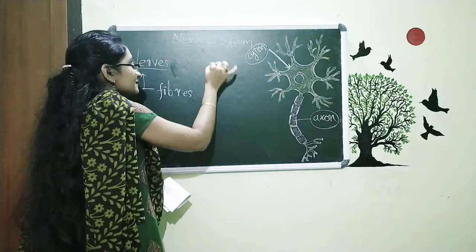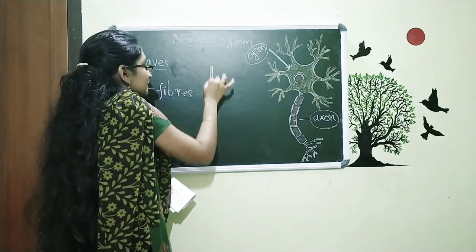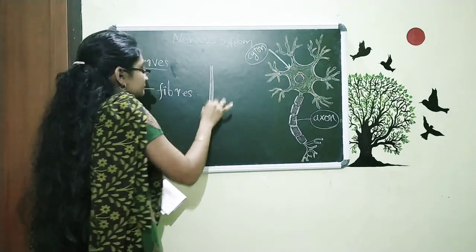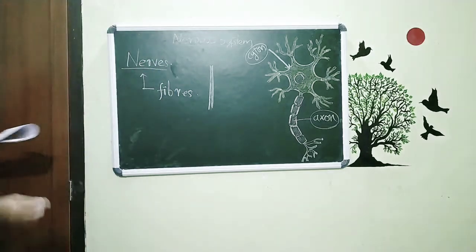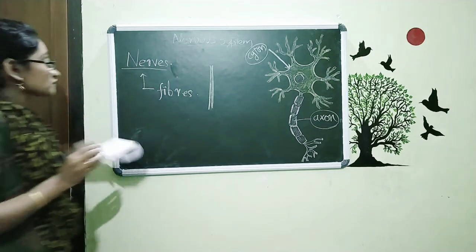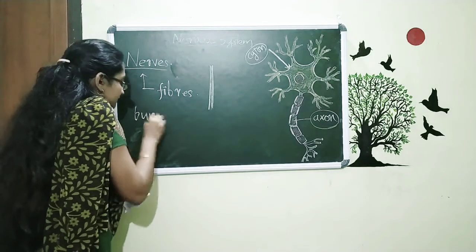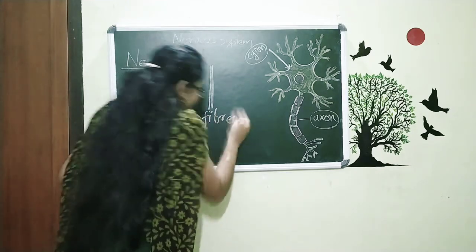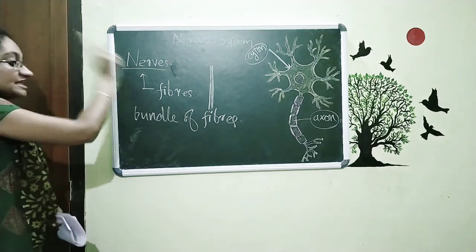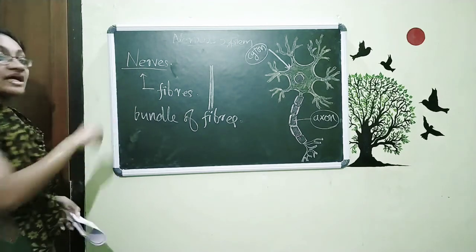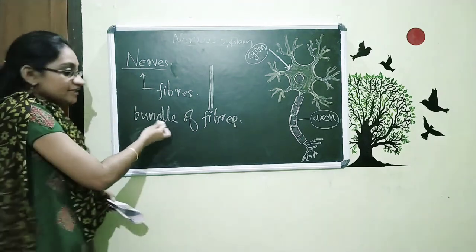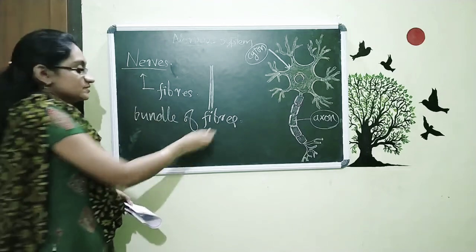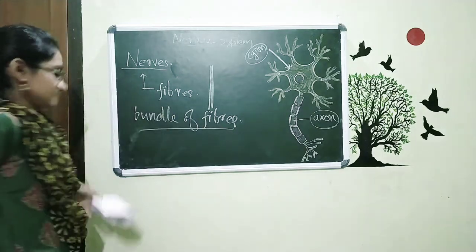These fibers are combined together to form a nerve. So we can say each nerve is composed of a bundle of fibers, which means it contains a large number of fibers.